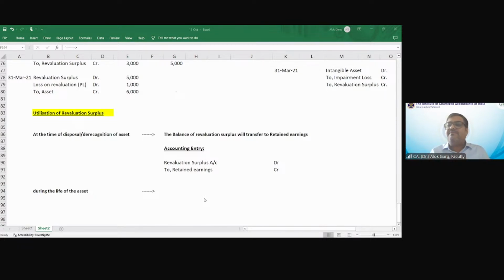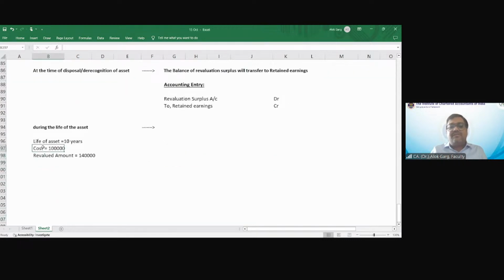For example, the life of the asset is 10 years. Let's discuss with the help of an example. Life of asset is 10 years, cost is 1 lakh rupees. Revalued amount is 1,40,000 rupees.